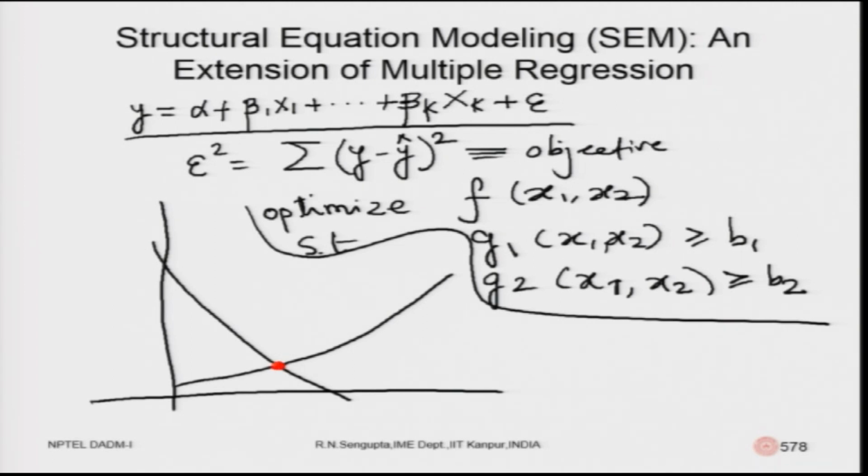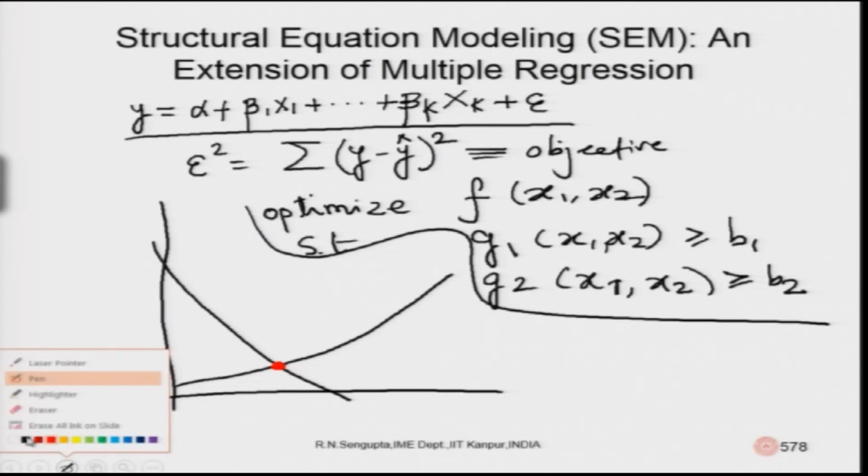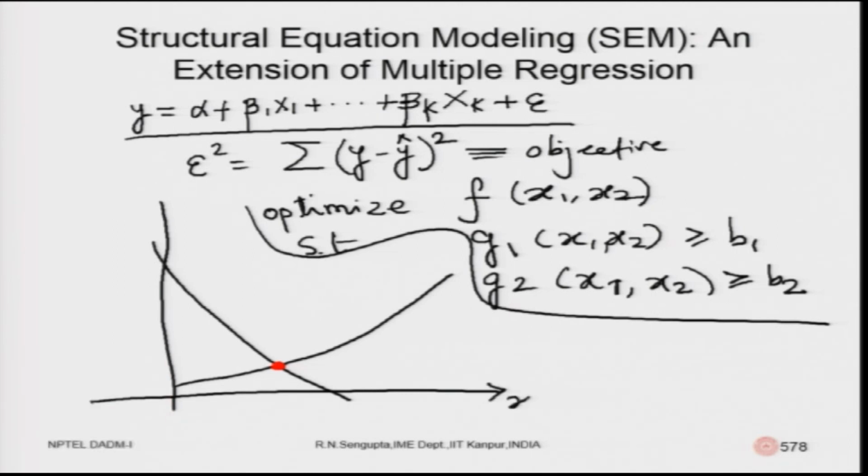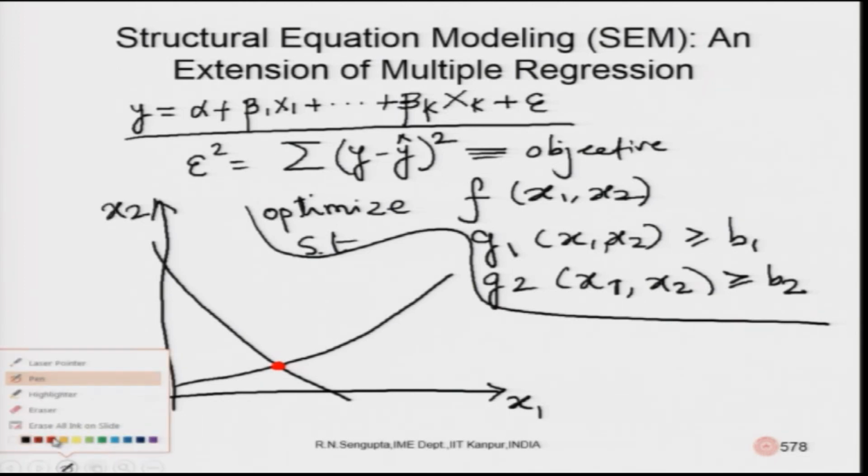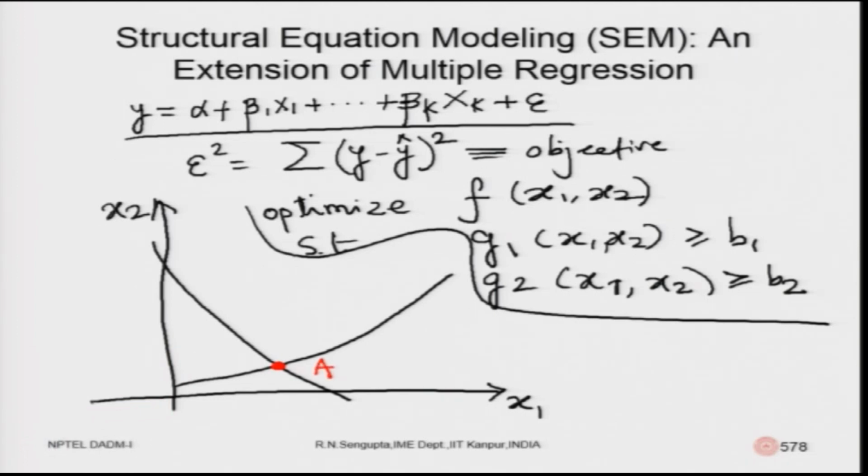Obviously, it will be at the boundary. For simplicity I am considering x1 along the x axis and x2 along the y axis. So, this deterministic point is, say for example, A.